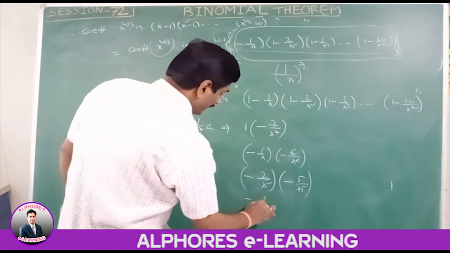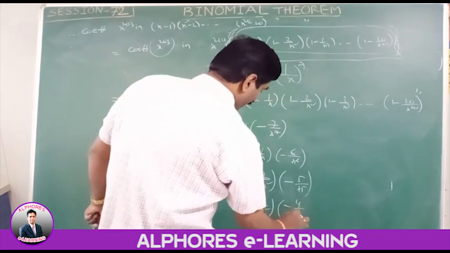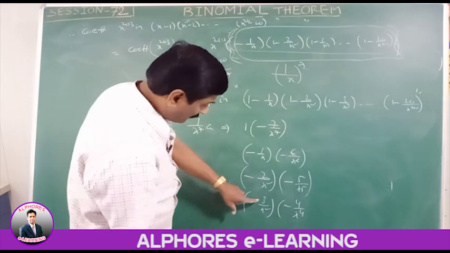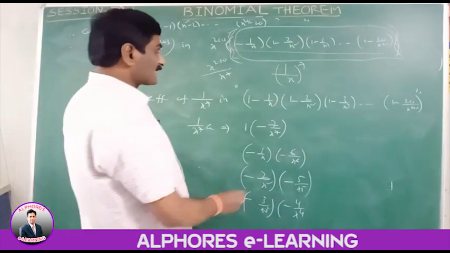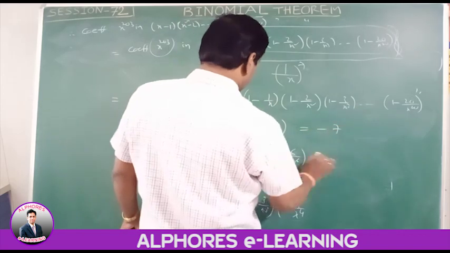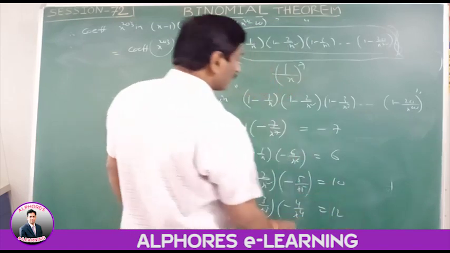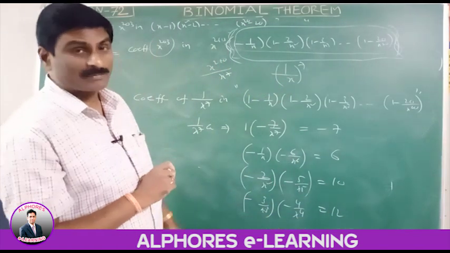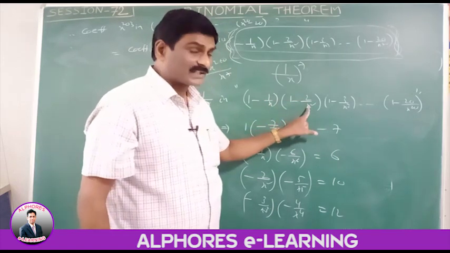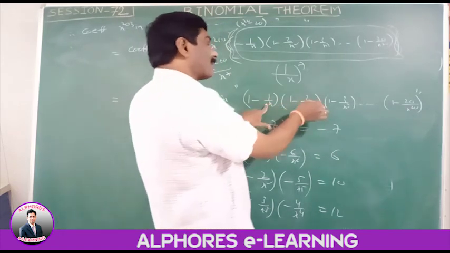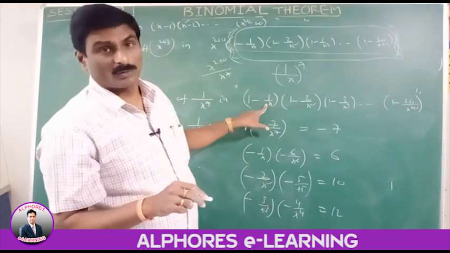Next, -3/x^3 into -4/x^4. In this case the coefficient is -7, in this case the coefficient is 6, in this case 10, in this case 12. Among the possible cases, please observe: multiplying 1/x^2 and 1/x^4 also gives 1/x^7.